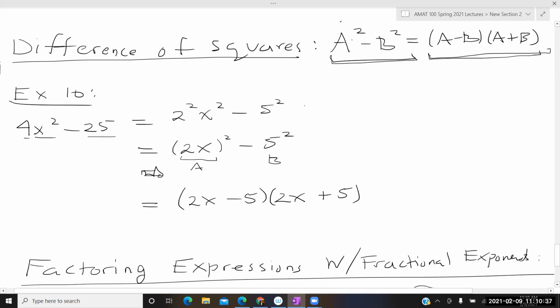So this gives you this line here, but then when you go down to the next one, you remember exponents kind of distribute. So I can pull this exponent out here, and I'll have 2x squared minus 5 squared. So a will be 2x and b will be 5, and then I just apply the formula.